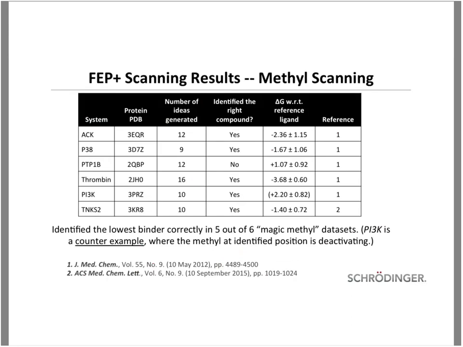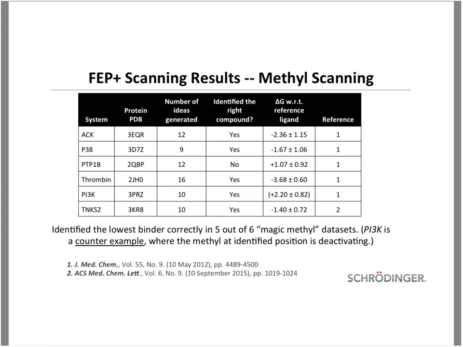Here's some validation on 3 different data sets. The protein PDB is listed in the second column. The number of idea generations, this is all for methyl scanning, so different compounds that differ by a single methyl from the reference compound. And then we rank order those compounds and ask whether the method is able to pick out the methyl substitution that has the largest improvement of potency.